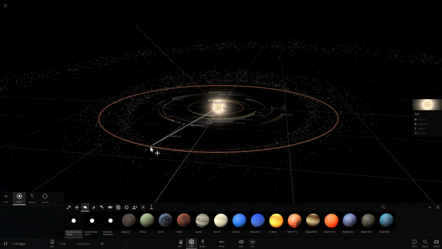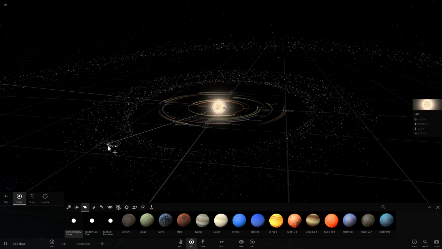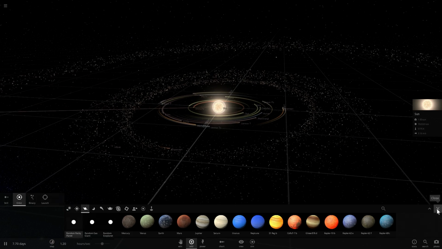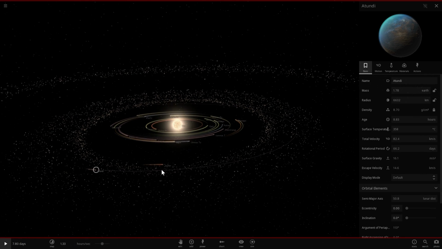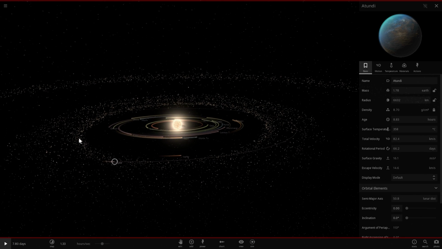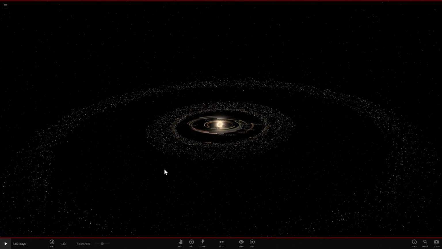Then somewhere here on the outskirts, we had two more possible rocky planets, one of whom became Jupiter by basically sucking up all of this gas that was flying around on the outskirts, and the other one became Saturn by doing just exactly the same but in a slightly different location.